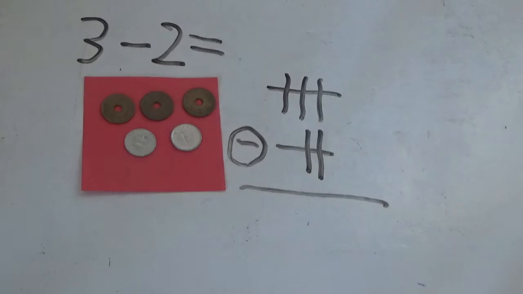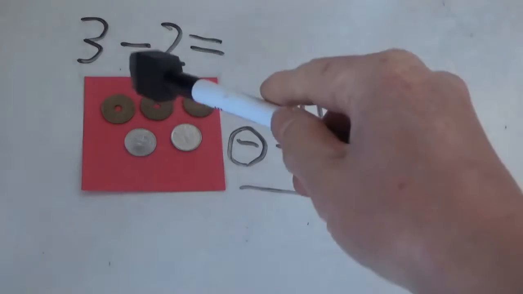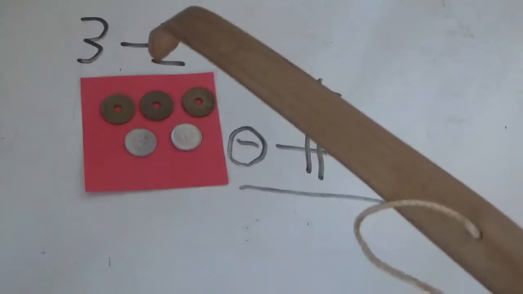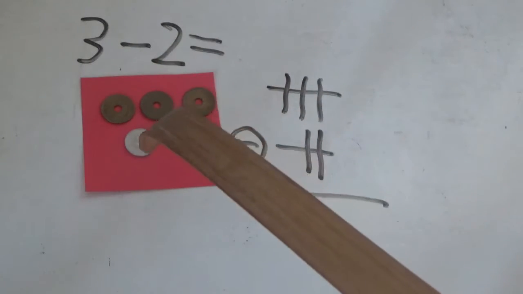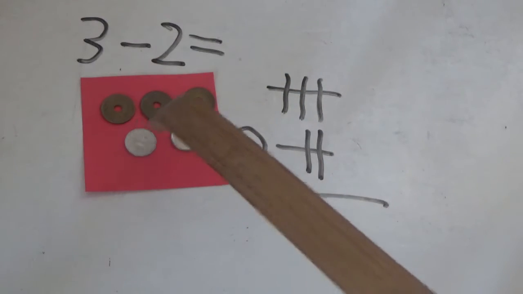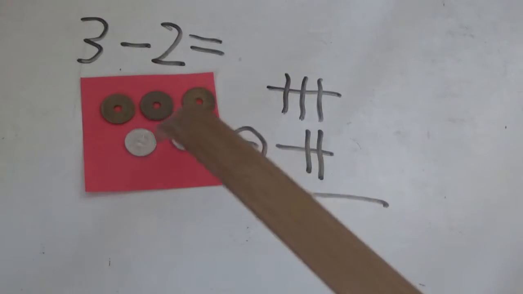So addition is over. Let's try subtraction. There are 3 coins, and 2 coins are to be subtracted.